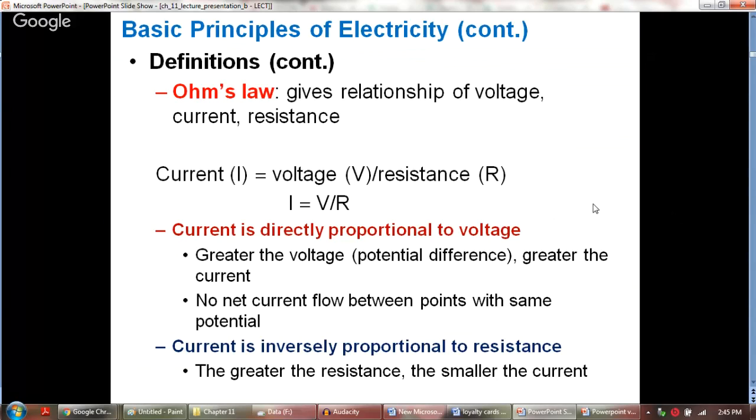Current is inversely proportional to the resistance. As you can see, R, the resistance, is below the V, which means the greater the resistance, the smaller the current would be. It explains that if you have high resistance, there is less flow of charge.